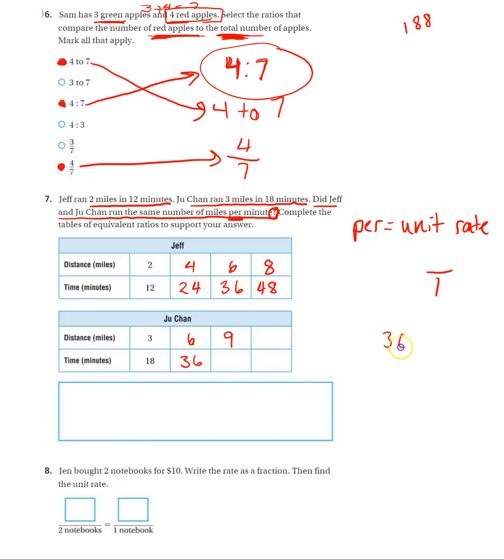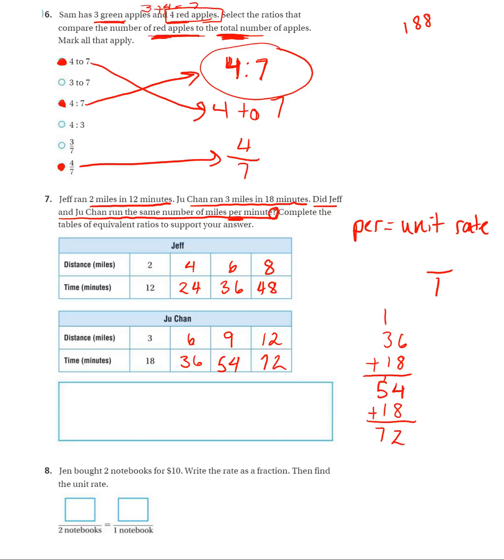So I'm going to need to work this one out. 36 plus 18, 54. And if he goes another 3, that's 12 miles now. And then that would be another 18 minutes. I add that up down here. 72 minutes.